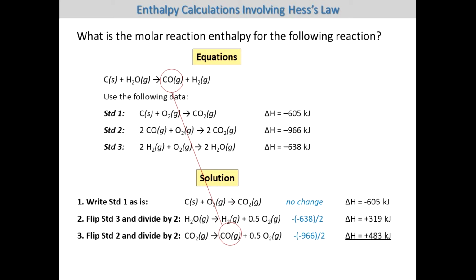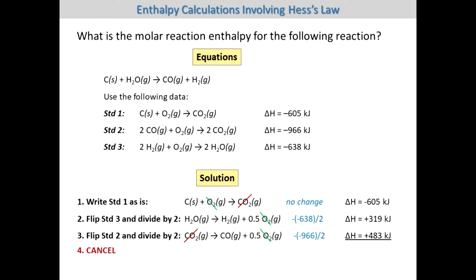In the standard, carbon monoxide is on the left. I want it on the right. I flip it. Therefore, I have to change the sign from minus 966 to a positive 966. And I also have to divide by 2 to balance the equation. Therefore, I have the values shown here.